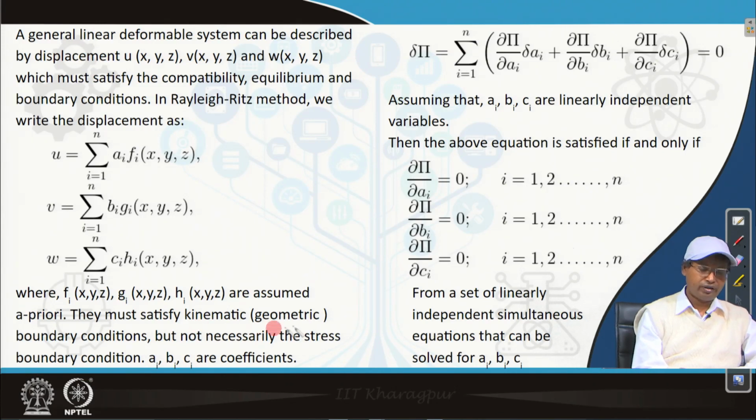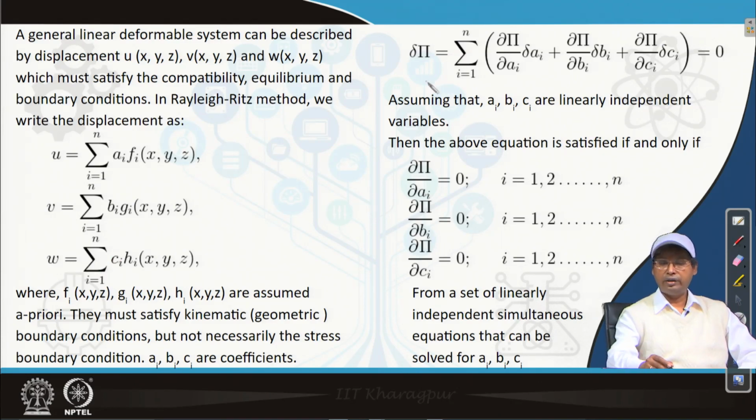So, it has to satisfy the kinematic boundary condition, but it is not always necessary to satisfy the stress boundary condition, but it is sometimes desirable to maintain that. A I, B I, C I are coefficients that we need to find out, otherwise the functions we are assuming. So, the unknowns are A I, B I, C I only. So, we need to find out those.